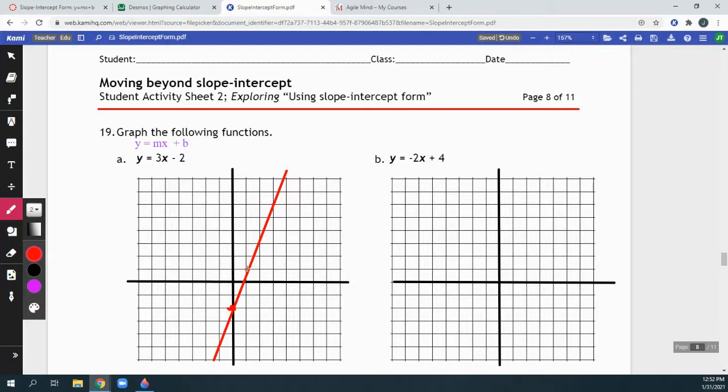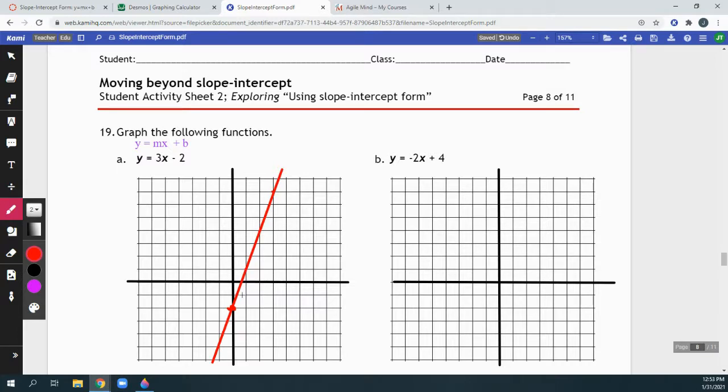I made a mistake twice. This guy right here is in the wrong spot, so is that. There, now it should work. There, now all the points line up nicely with it.